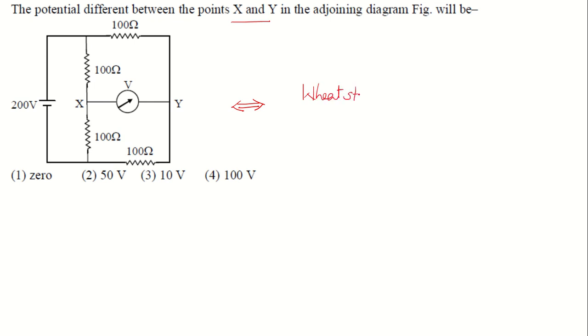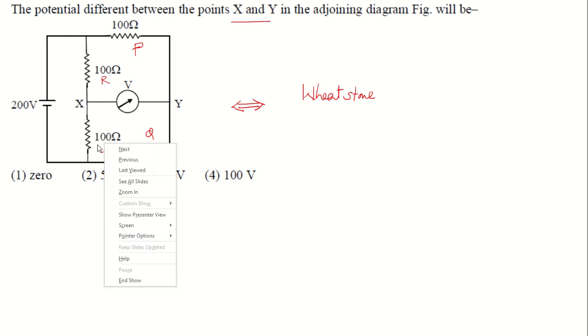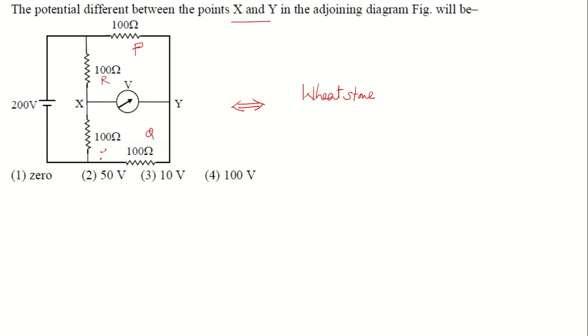Here, this is P, this is Q, this is R, and this is S. If you find the values individually, then we can easily see that P by Q is equal to R by S. So it is a balanced one. So 100 by 100 is equal to 100 by 100.